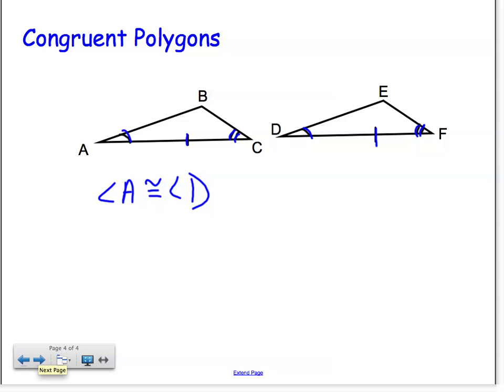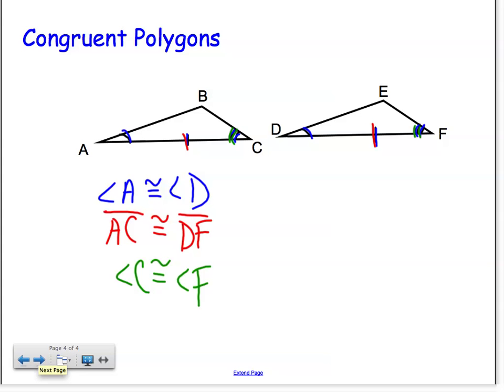I also see that side AC is congruent to side DF. And lastly, I see that angle C is congruent to angle F.